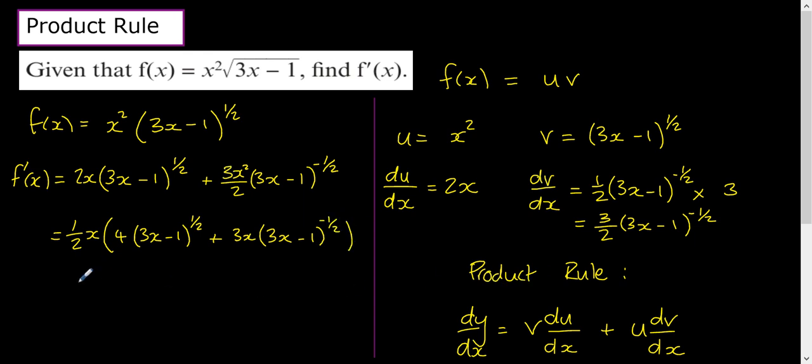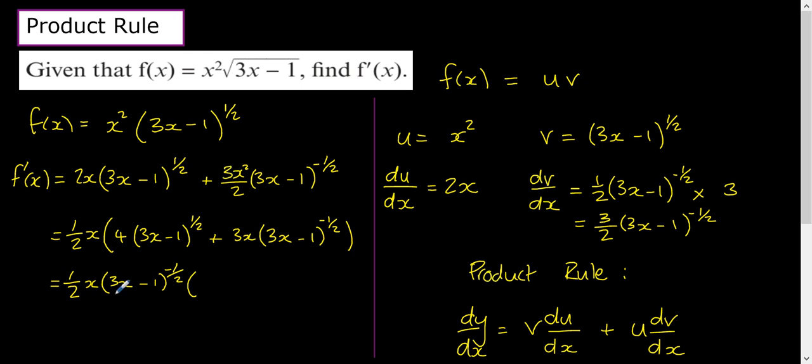But we can go further. We've taken out our highest common factor from here and here. Now, obviously, 4 and 3x don't have any common factors. But (3x minus 1) to the power of a half and (3x minus 1) to the minus a half do have a common factor. And the common factor is the lowest power of those two things. Let me just write it down and I'll explain it.